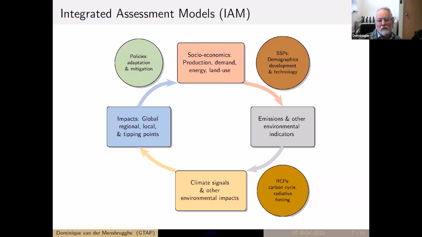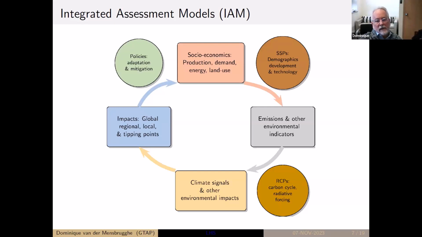And these may be influenced by various different projections. In the climate change community, many are using the shared socioeconomic pathways for demographics and GDP growth. And then you might have assumptions on technology, such as improvements in energy efficiency, et cetera.